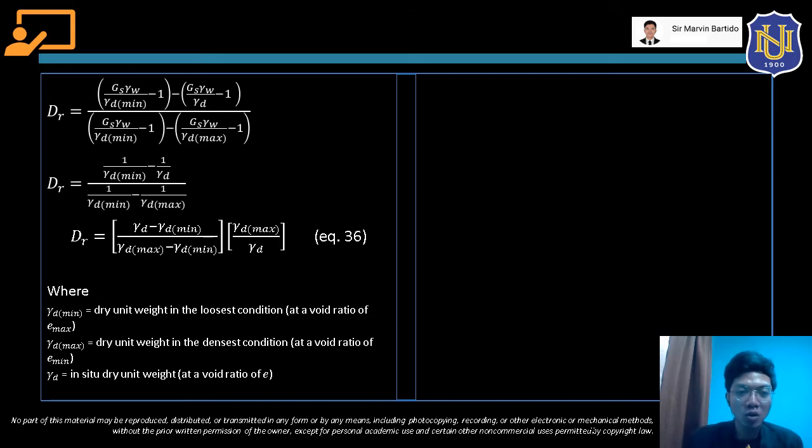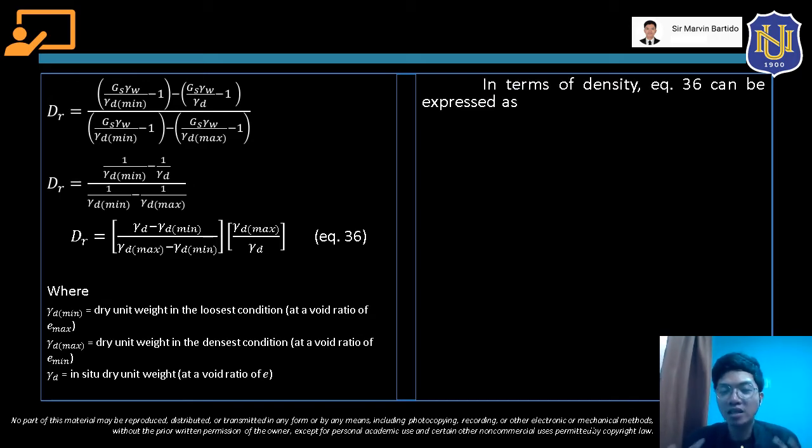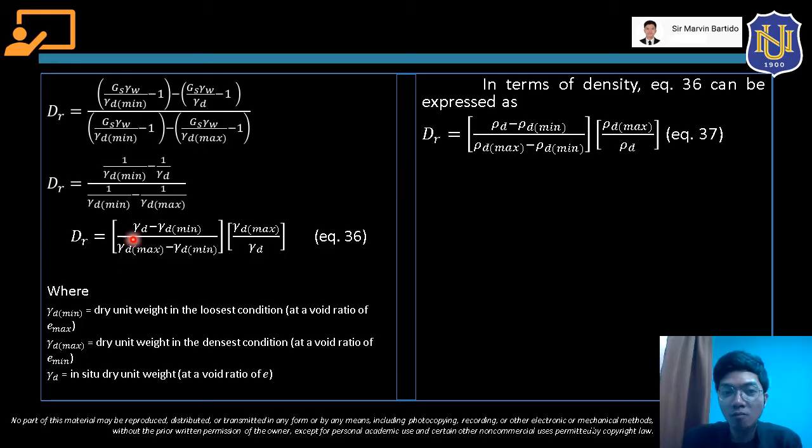Okay, so from here class, pwede rin natin i-express yung relative density in terms of density. Tama? So class yung unit weight at saka density, we already talked about their relationship. Tama ba? So class pwede nating i-replace lang yung mga gamma, lahat ng unit weight na to, we can replace them by density.